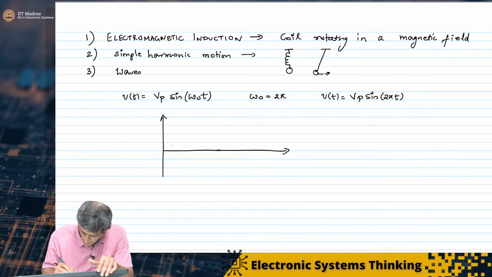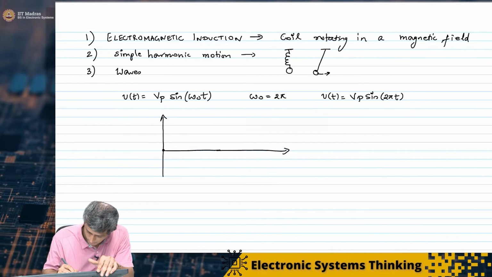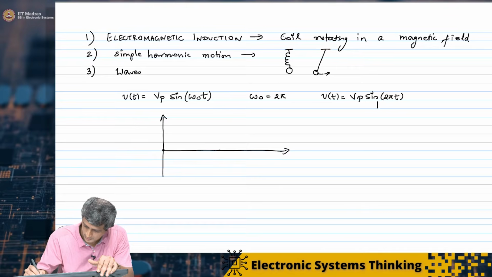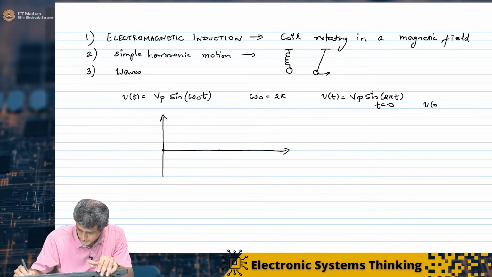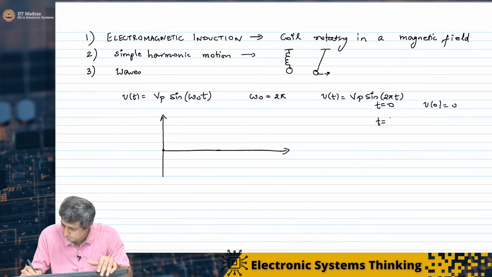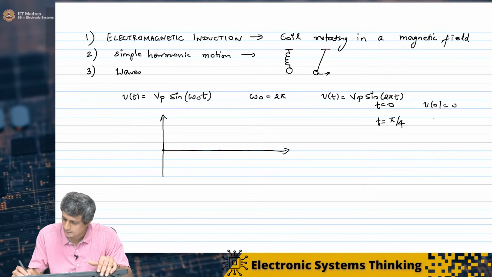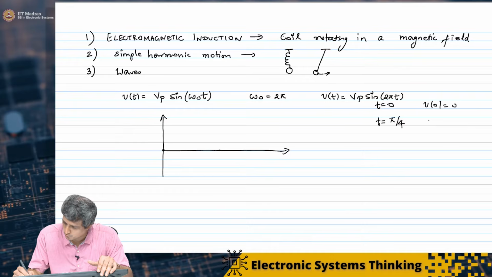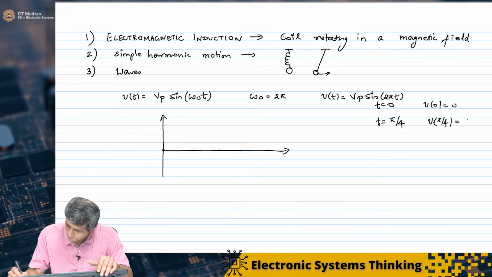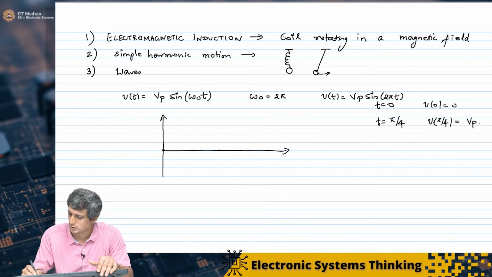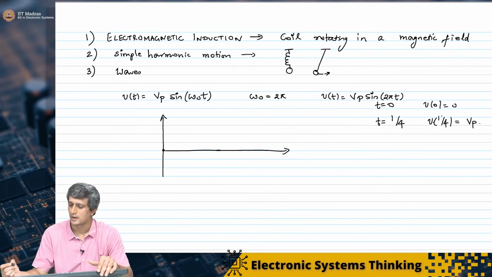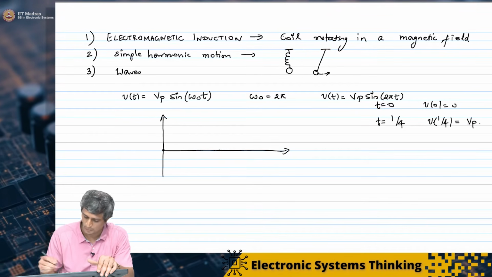Okay, so I am going to start with 0. It will be obviously 0, and when t equal to 0, V of 0 is obviously 0. When t equal to 1 by 4, I am sorry, not pi by 4, t equal to 1 by 4, this will become sine pi by 2, it will become the maximum value, Vp.